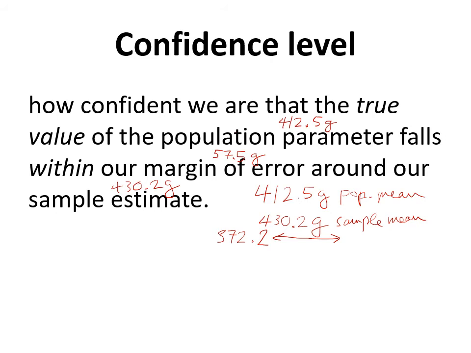Yeah, 372.2 grams on the low end, and on the upper end, actually earlier I calculated this wrong. I think I had 487.5, it should be 487.7 grams. So we end up with this range around 430.2 grams. And sometimes it can literally help to just draw a number line.